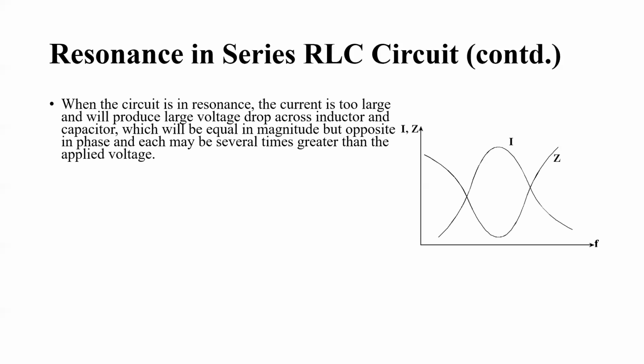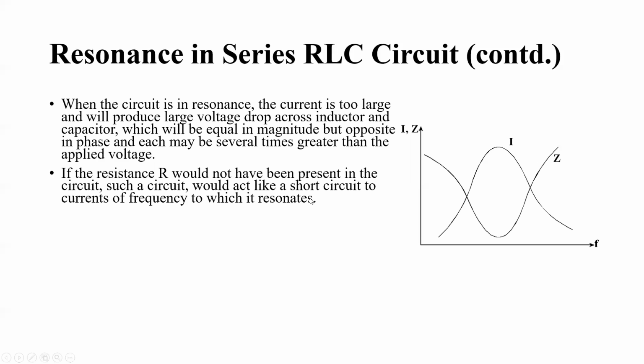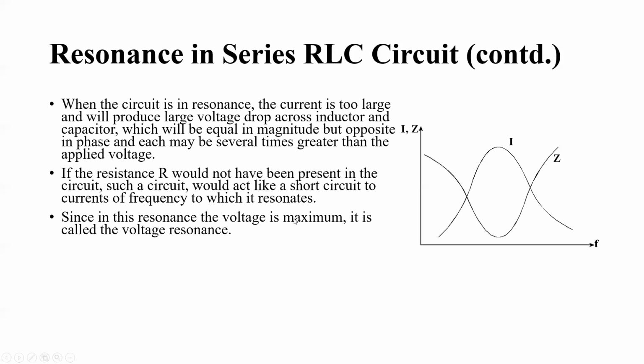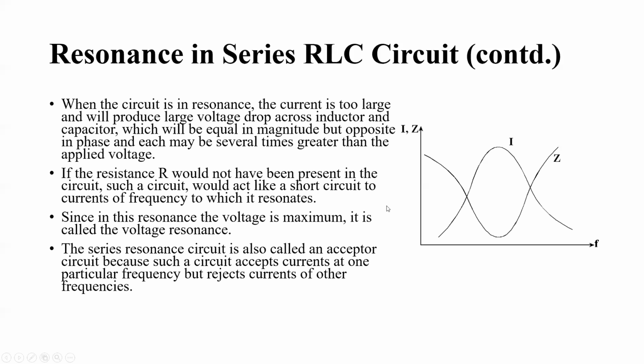That means it is one of the causes of high voltage in transmission lines. If the resistance R was not present in the circuit, there would be a great chance of short circuit during resonance. Since in series resonance the voltage is maximum, it is also referred to as voltage resonance.